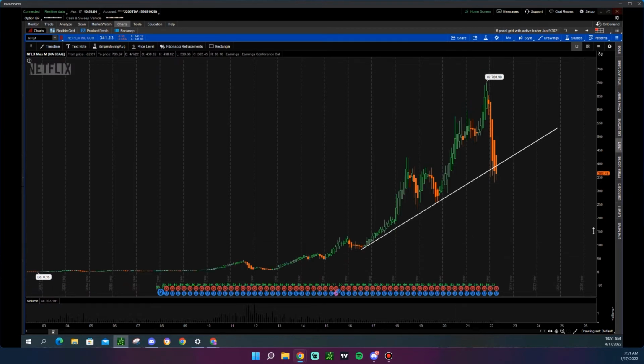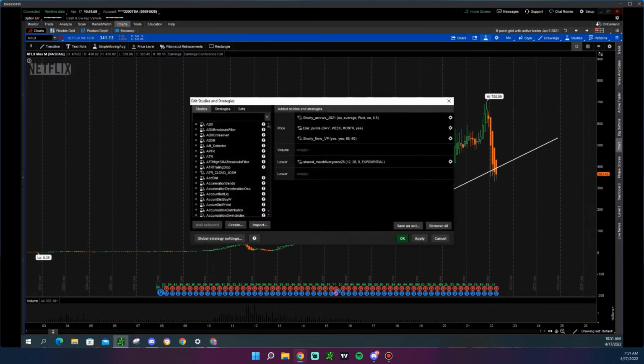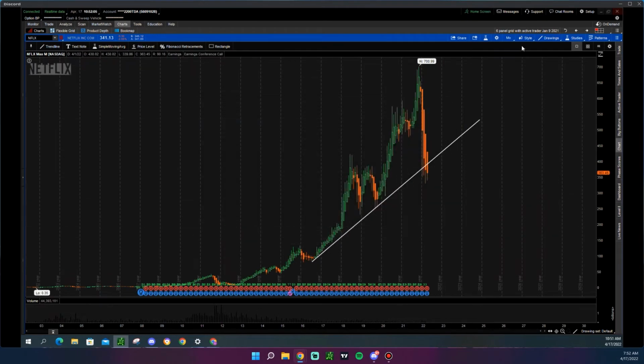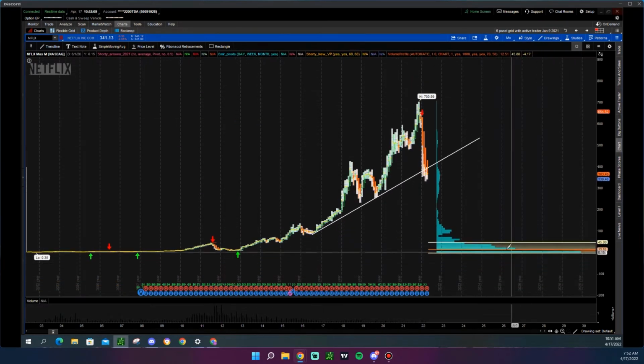I mean, just think about it. These people were able, if I was to just add the volume profile, the standard one. You guys see where they loaded on these shares? I mean, at $12 was the highest volume ever created on Netflix.